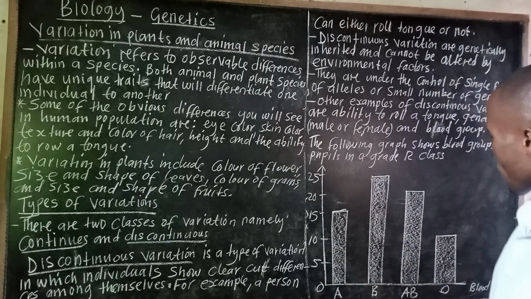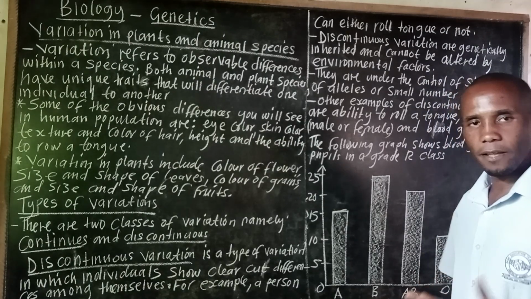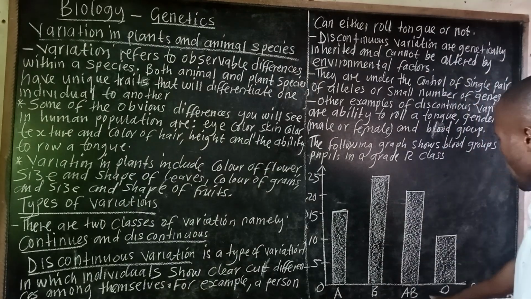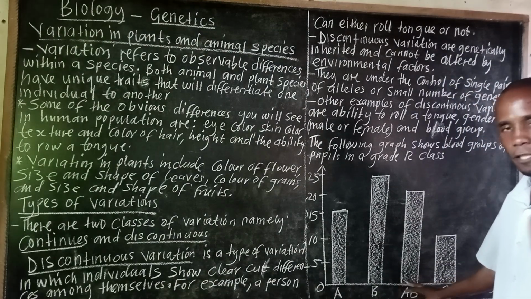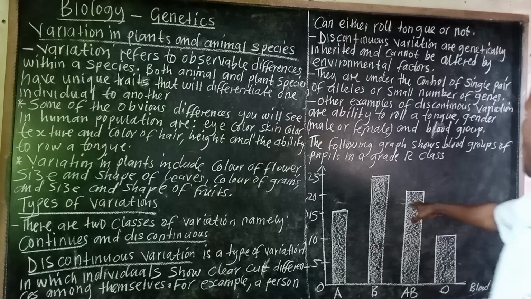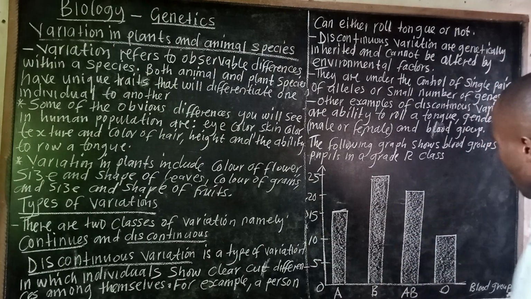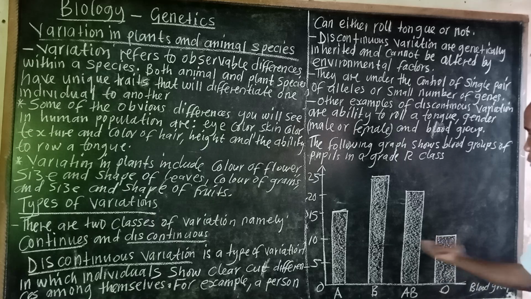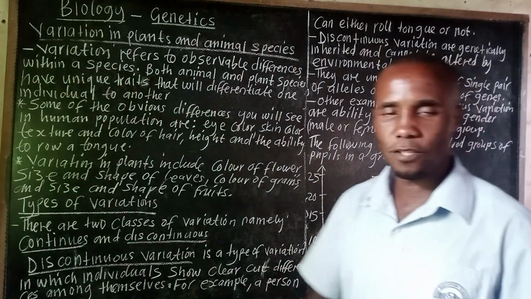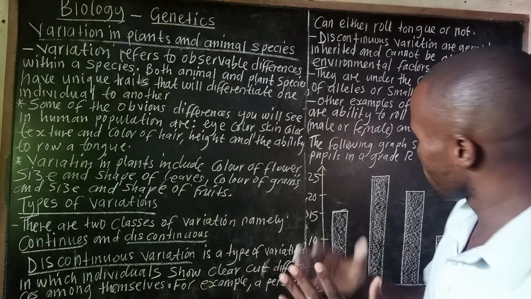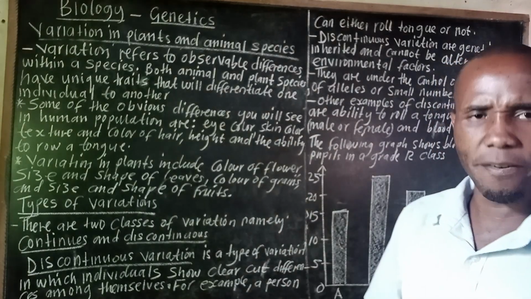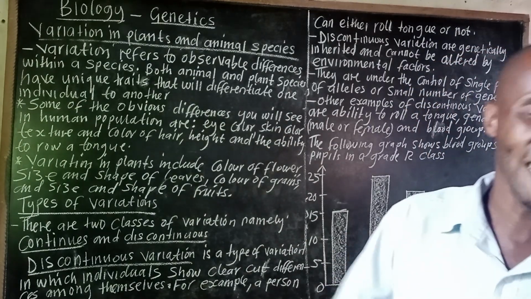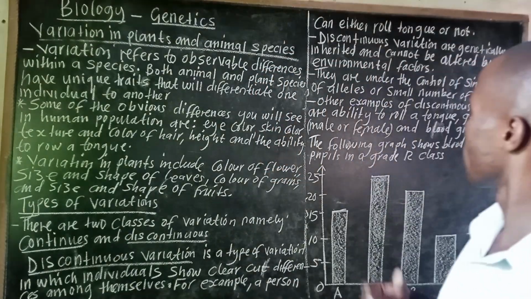Those with blood group B, there are 25. Those with AB, the universal recipient, there are 20. Then the universal donor, O, there are 10. This defines discontinuous variation, which is controlled by genetic traits.